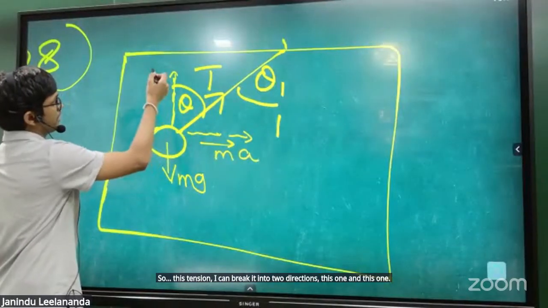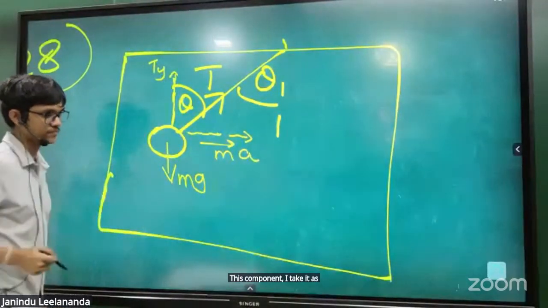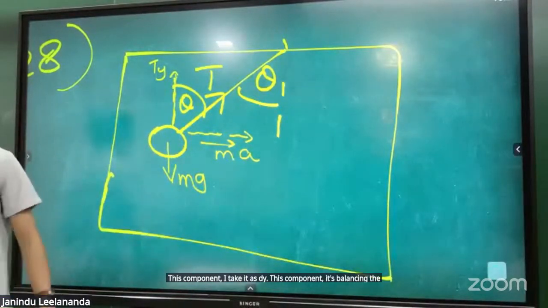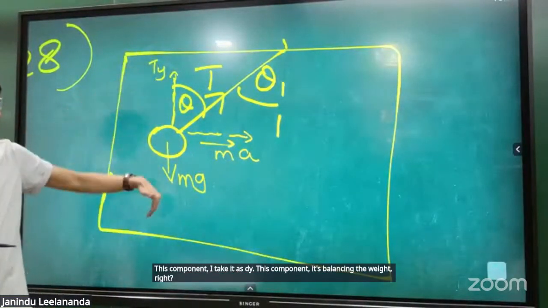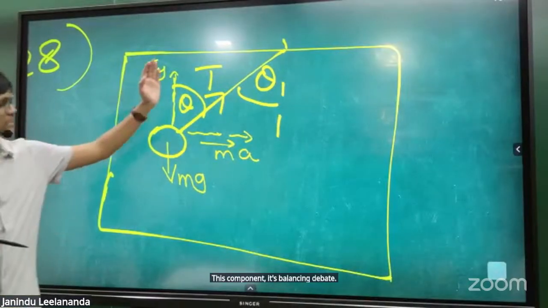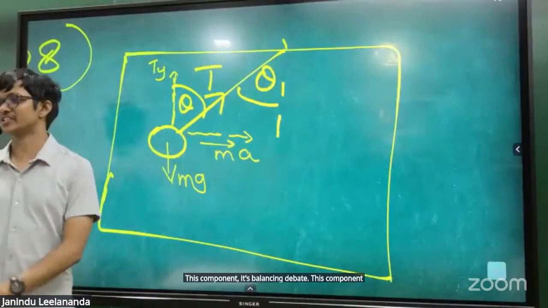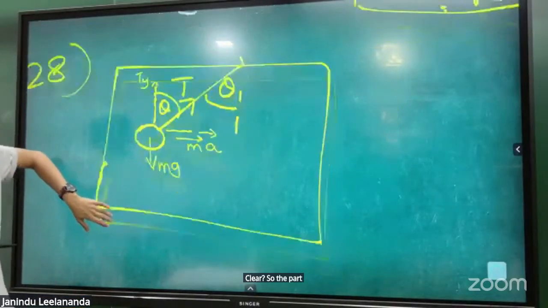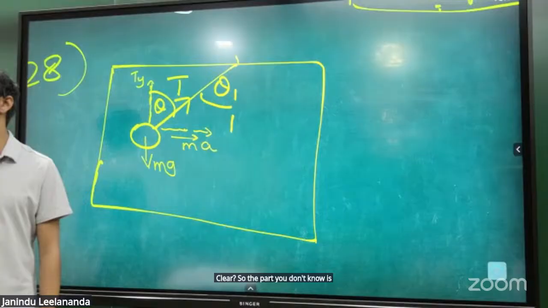This component, I take it as Ty, is balancing the weight. This other component is providing the acceleration. The part you don't know is that you can resolve vectors into two directions.